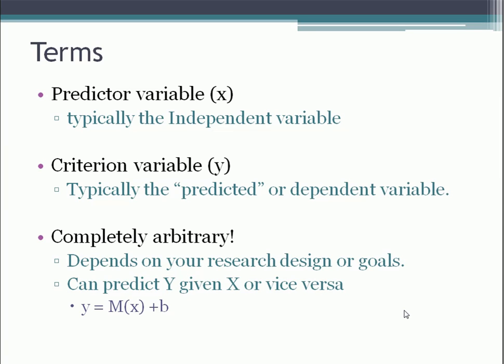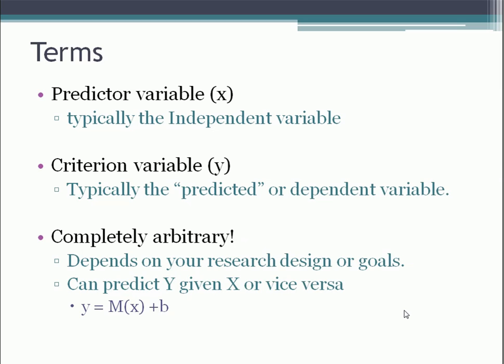For example, I might predict that class attendance influences class performance. So in that case, class attendance is the predictor and the criterion is performance. But that's arbitrary, right? As we mentioned before when we talked about experimental research, it could be the other way around. It could be that students who just happen to come to class more do better, or it could be some third variable. So the point is these terms are somewhat arbitrary.